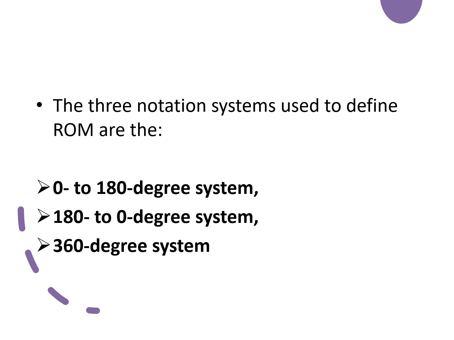That is the 0 to 180 degree system. From that 180 degree position, when you take your arm down towards your body, that is the 180 to 0 degree system. The 360 degree system is when you rotate your shoulder in all directions and make a full circle. When you cover it completely, it is known as the 360 degree system.